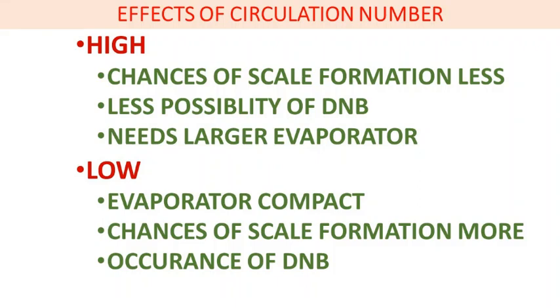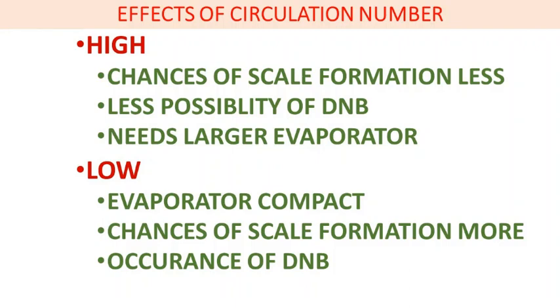So we can conclude that if the circulation number is high, that implies the amount of steam formation is less compared to the amount of water available within the heat transfer area. So naturally, when the circulation number is high, there is less chance of scale formation within the water walls, and the tube material has less chance of getting oxidized, and there is more heat absorption within the nucleate boiling regime.